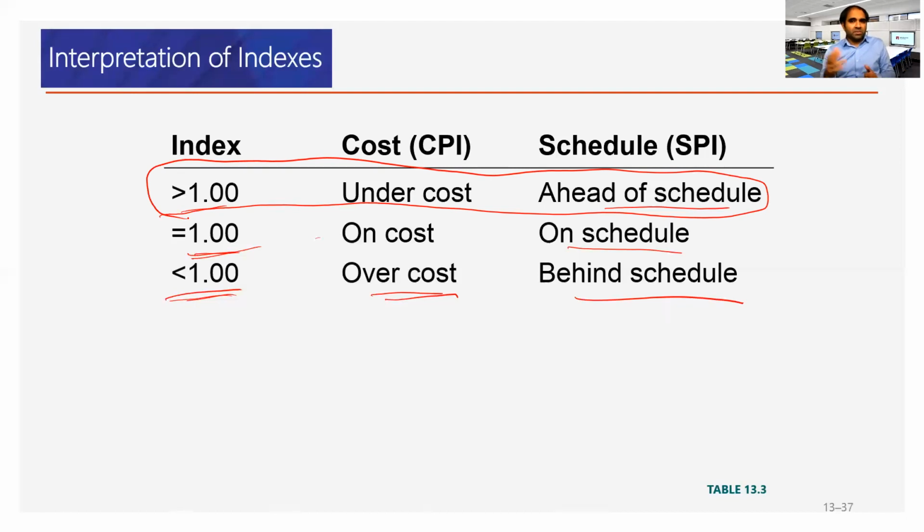Pick up the phone: what is the SPI after the end of schedule period 3? SPI 1.3. All right, so the project is ahead of schedule. What is CPI? 0.7. That's below 1, so the project will be over cost. That means we need to plan immediately to control the budget for that project.